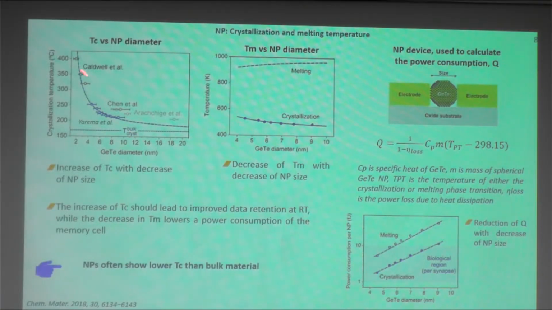Here we have an increase of crystallization temperature, but normal nanoparticles of other solid substances show it in another direction, that the Tc of nanoparticles is lower than that of bulk material. Here we have a reverse effect, an increase of crystallization temperature compared to the bulk.